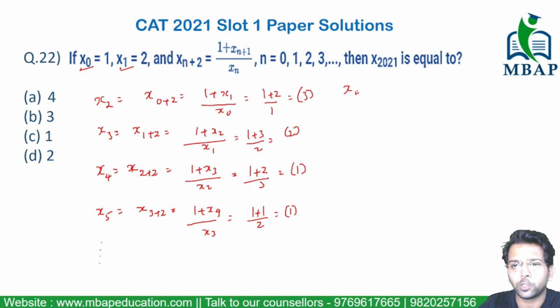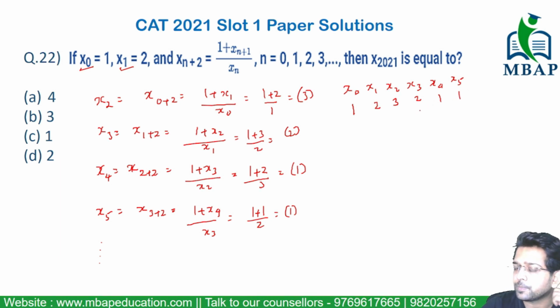Let's see the first terms: x0, x1, x2, x3, x4, x5. x0 has been given to you as 1, x1 as 2, x2 you found to be 3, x3 has come out to be 2, x4 has come out to be 1, and x5 has also come out to be 1.